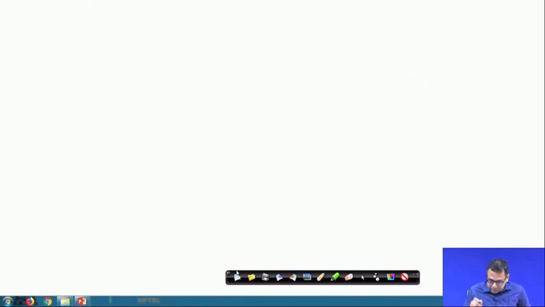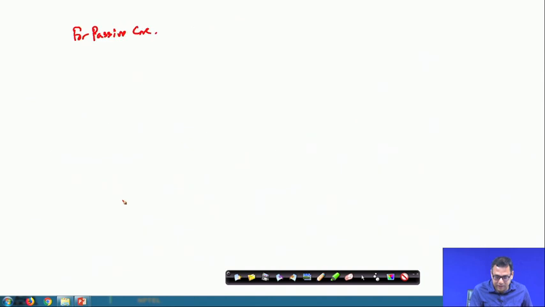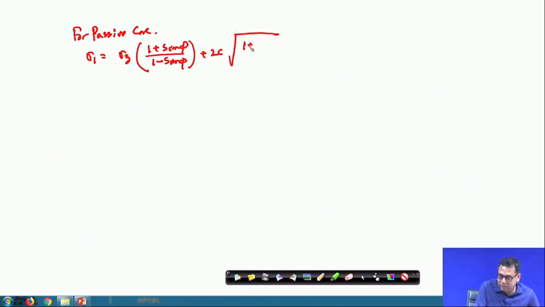Okay. Now, for the passive case, I have the expression sigma 1 is equal to sigma 3 (1 plus sin phi)/(1 minus sin phi) plus 2c root over (1 plus sin phi)/(1 minus sin phi).